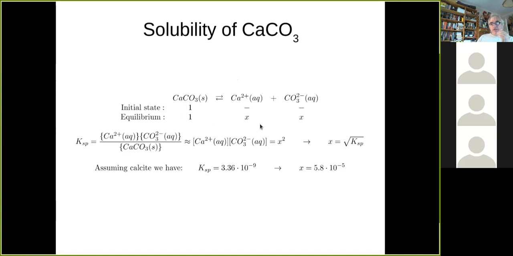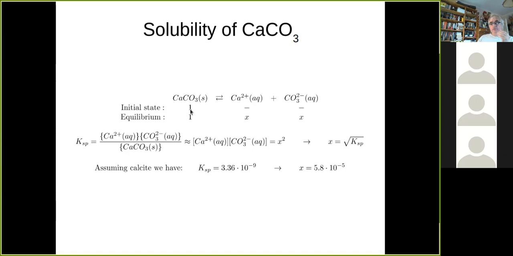Usually this type of equilibria is looked upon with two states. The initial state, we designate what we start with on both the left-hand side and right-hand side. We don't have any calcium ions or carbonate ions from the beginning, but we have calcium carbonate.